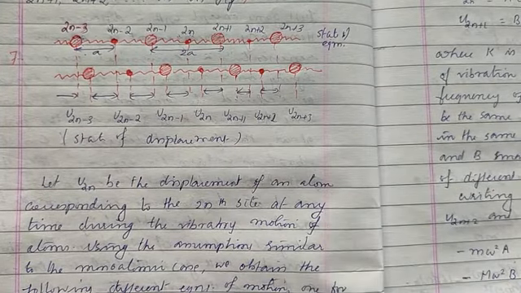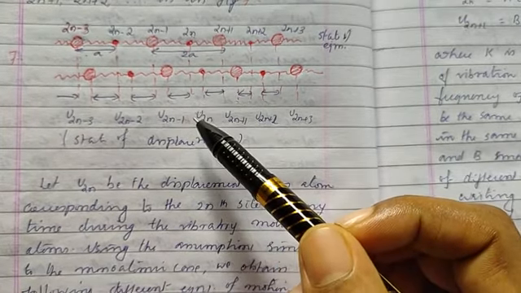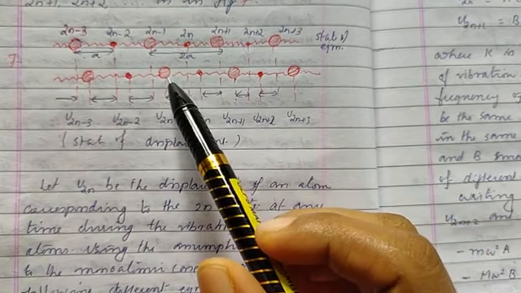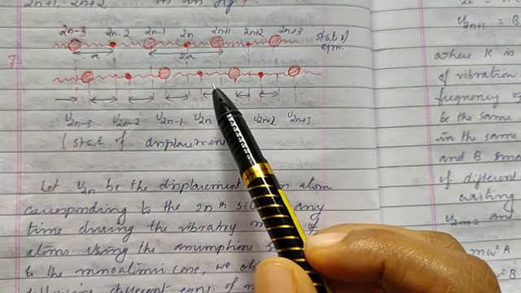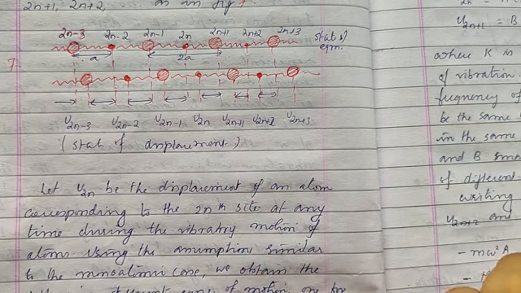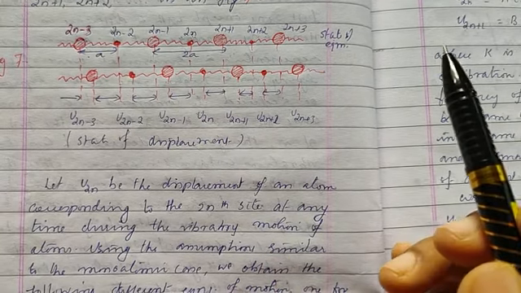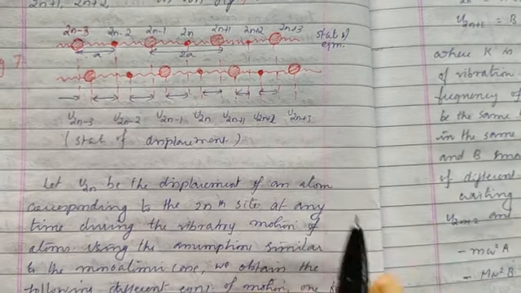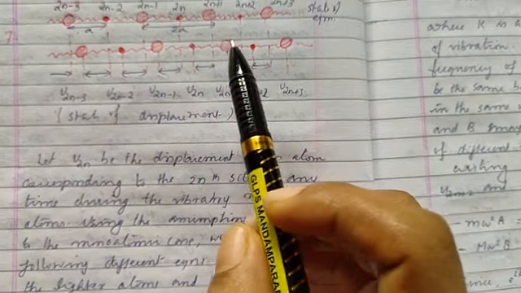And suppose one of the atoms starts vibrating, it affects all the atoms since they are connected by a linear chain. So the displacement is represented like this.